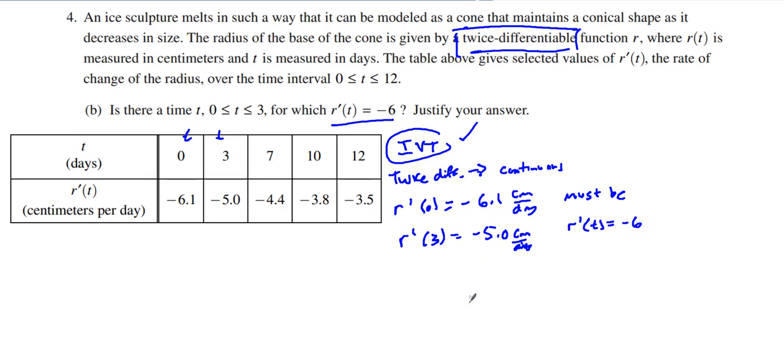We're going to cross over that value. Why does the chicken cross the road? Because of the intermediate value theorem. But you have to give the justification that it's twice differentiable, so it's continuous. That helps to give a full answer.